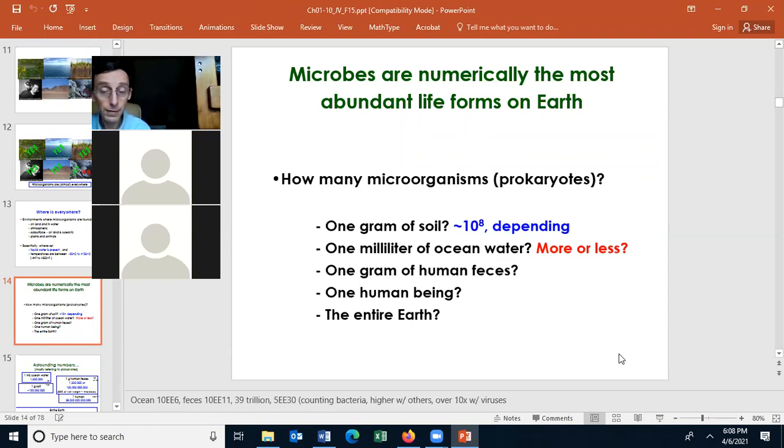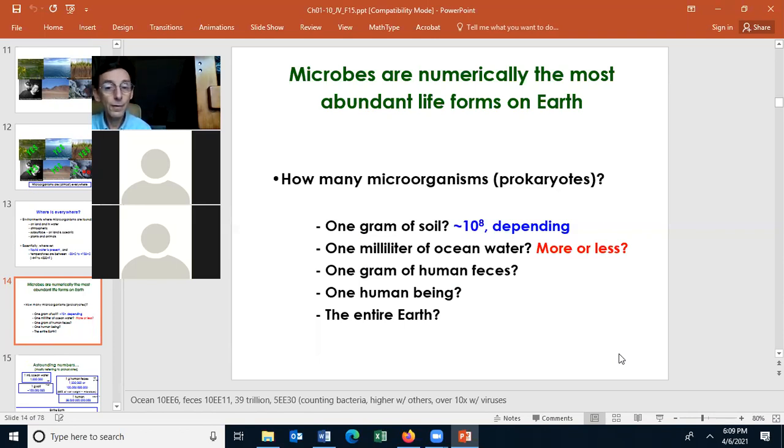But if we're talking about prokaryotic cells only, in 1 gram of soil, we have about 1 times 10 to the 8th prokaryotic cells. Okay? What is that? 100 million cells in 1 gram of soil. 1 gram of soil would be a little bit like that.